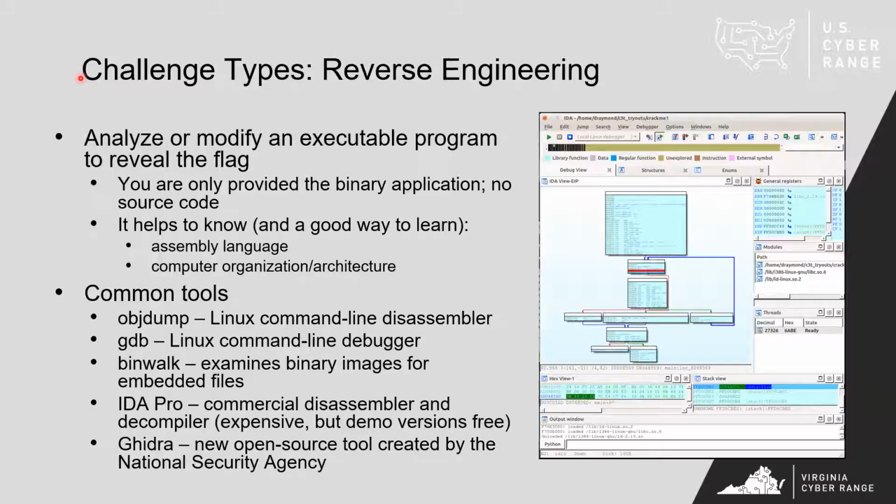And IDA Pro is commercial software that will do this. And you can download older versions of IDA Pro for free off the internet. You can do a little Googling and find how to download this software. It's been very widely used for many years in the InfoSec industry.